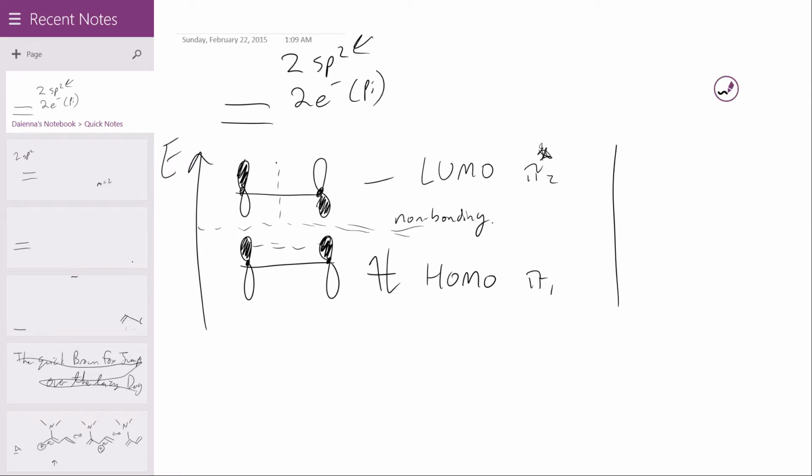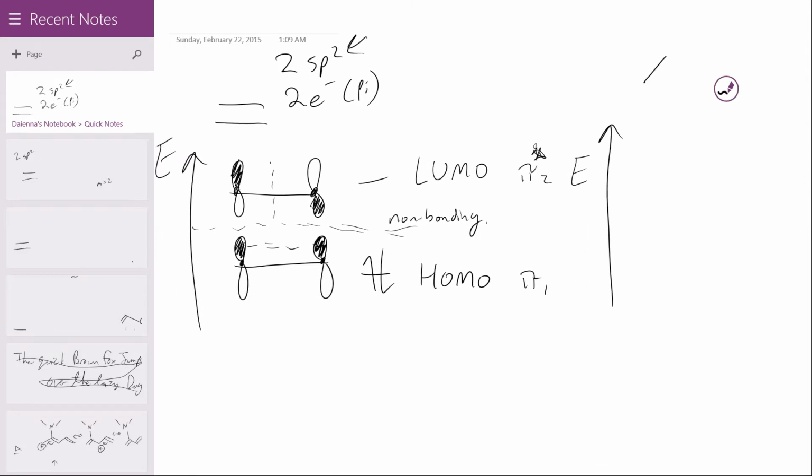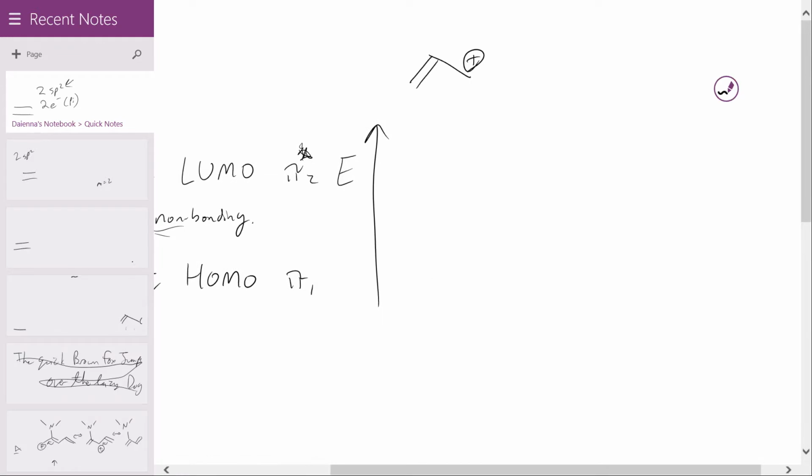Moving on, we can go to the next easiest example, which is an allylic cation. We can draw a resonance structure for this, showing that the positive charge is spread out between those two carbons.